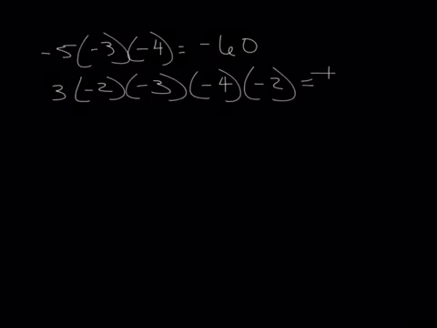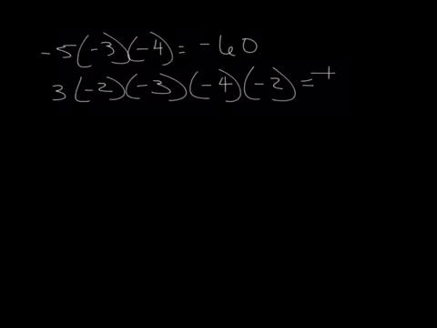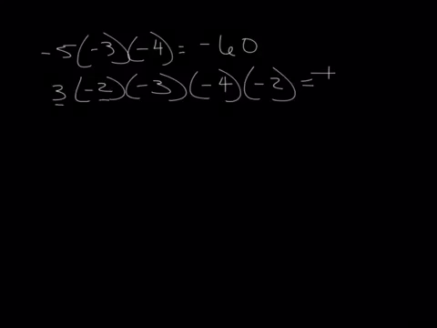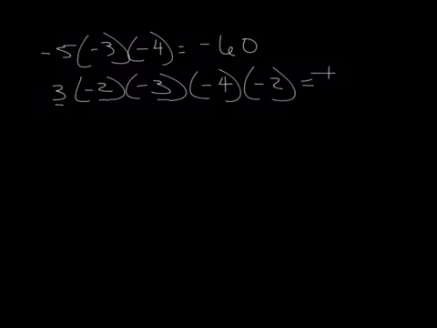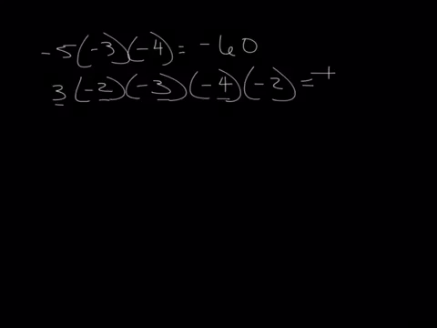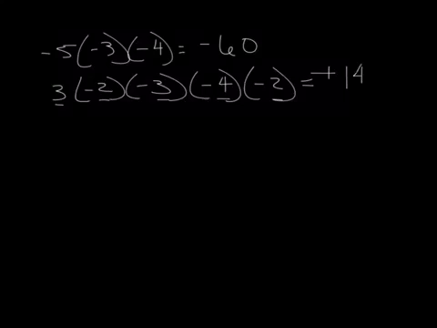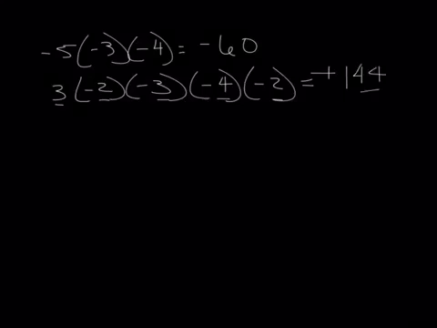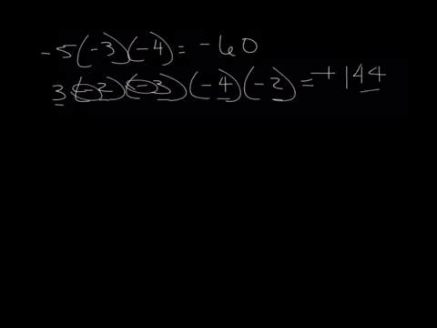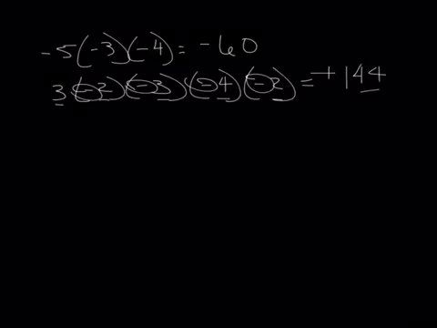We have an even number of negatives, so our answer is positive. 3 times 2 is 6, times 3 is 18, times 4 is 72, times 2 is 144. So I know my answer is positive just because I have 4, an even number of negatives there. So anyway, that is helpful, because then you're not having to mess with the negatives. You're just multiplying the numbers together.